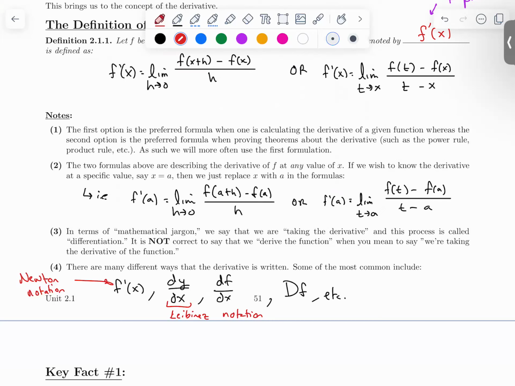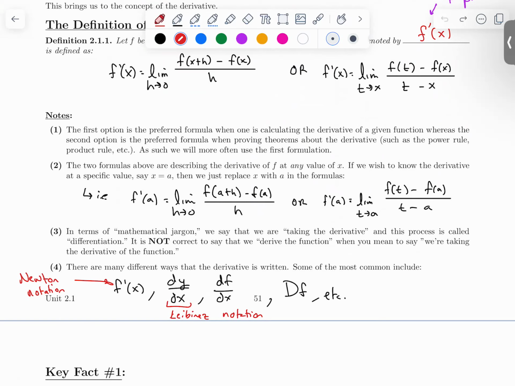I'm pretty sure we all know Isaac Newton. He's a pretty famous dude. He's very smart. But there was another mathematician at the same time, Gottfried Leibniz. And they were both discovering calculus independently. Newton thought of it more as a function, but Leibniz thought of it as a ratio. So have you guys seen the terminology delta x, meaning a change in x, and delta y meaning a change in y?